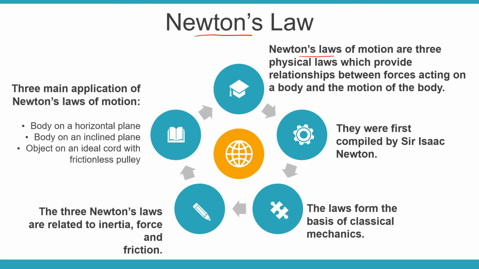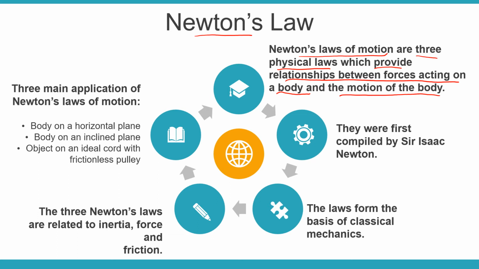Okay, Newton's law of motion are three physical laws which provide relationship between force acting on a body and the motion of the body. So Newton's law ni basically dia ada tiga lah. Newton first law, Newton second law and Newton third law. So dalam ketiga-tiga Newton's law ni basically it provide relationship between force acting on a body and the motion of the body.